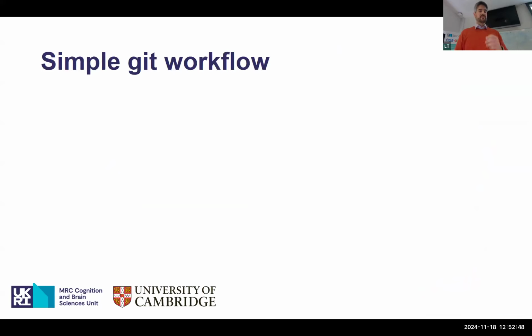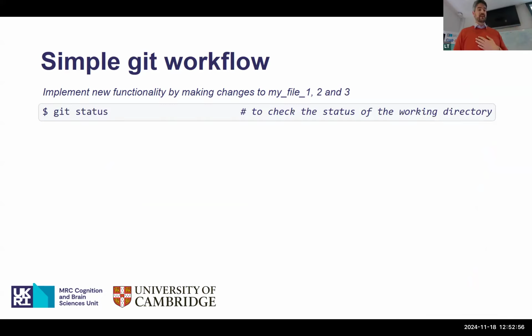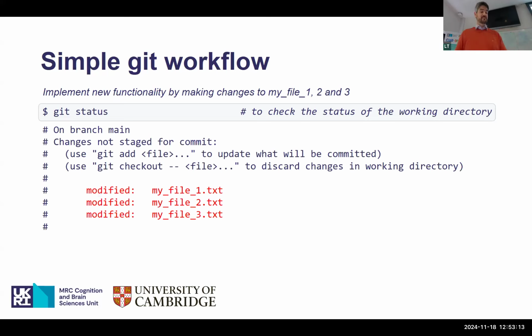Okay, so what's the simple Git workflow in terms of commands? Let's say you implemented a new functionality, you changed a few files, and, assuming that you already initialized your repository, which I'm not talking about now, but you have a set up Git repository, you added some changes, you say git status, and it's going to give you something like this.